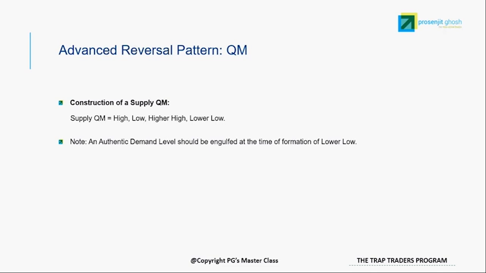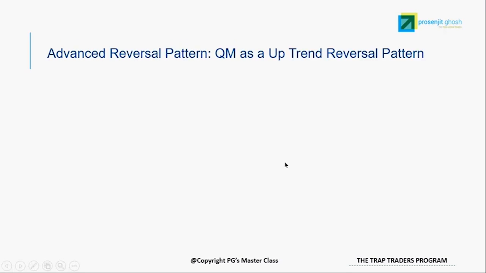What I mean is that the low of the structure and the lower low should not be a reaction of the same authentic zone. We all know what an authentic zone and a reaction zone are. The same concept applies here. I'm going to show you some examples of how it happens and how we need to look at it.